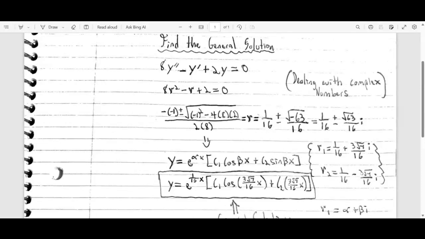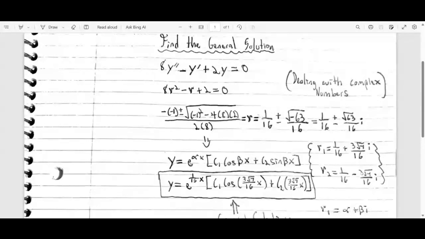You just put the coefficients in the form of a quadratic. Your 8 is going to be next to r squared, your -1 is going to be your r coefficient, and your 2 is going to be your constant, and then you could just use the quadratic formula to get your answer. When I used the quadratic formula in this circumstance, I got that my discriminant was less than 0.